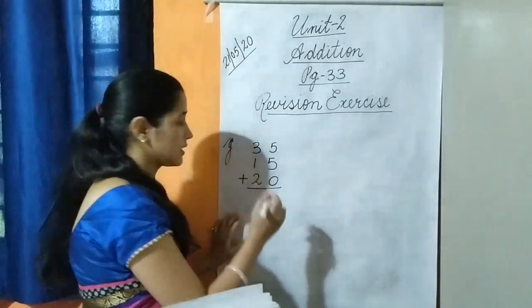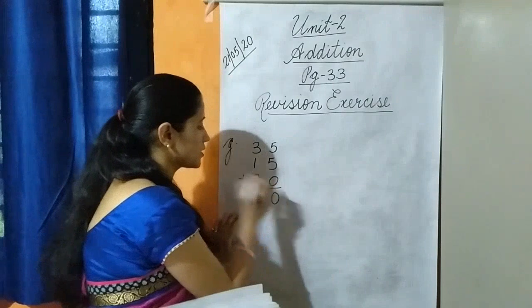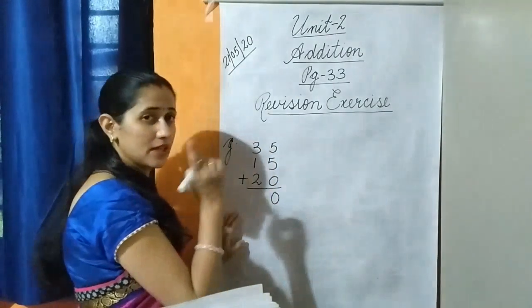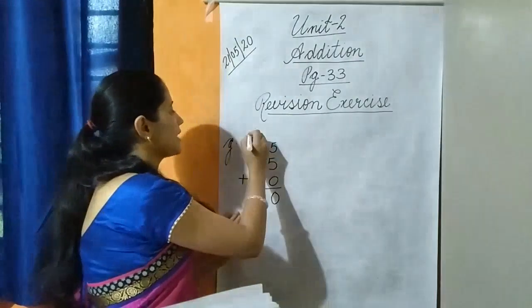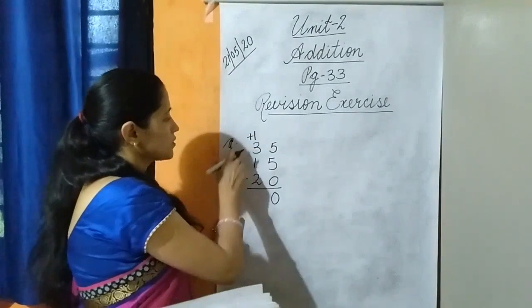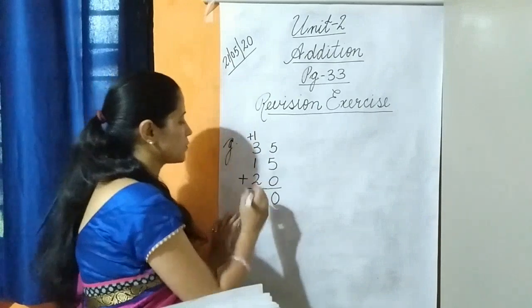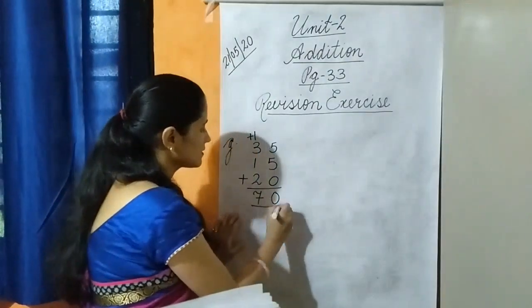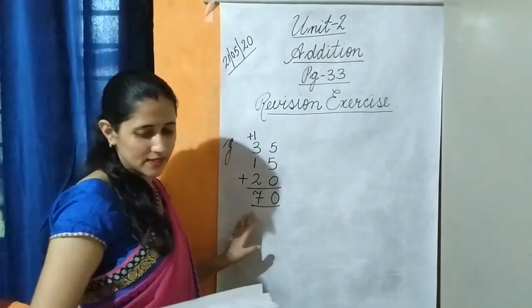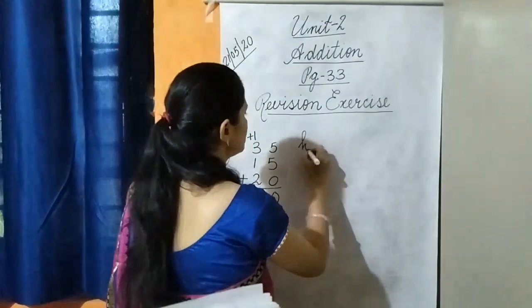So 10 is 1, 0: 0 at ones place and 1 at tens place. The number at tens place we carry forward. So 3 plus 1 is 4, 4 plus 2 is 6, and 6 plus 1 is 7. 70 is your answer.